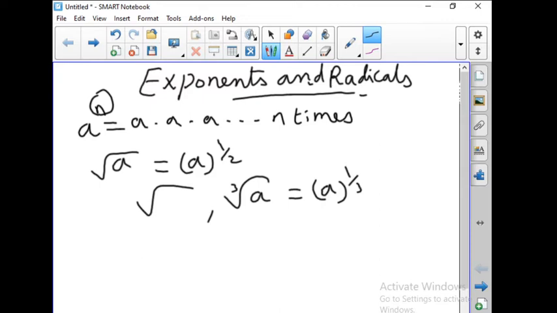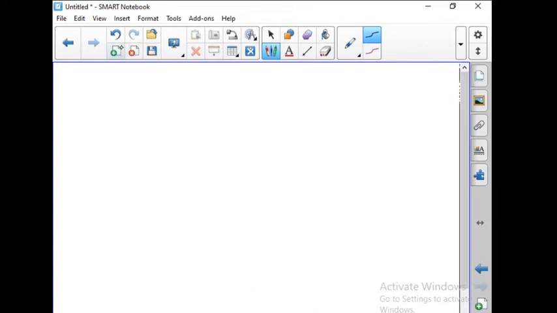So this sign is called radicals. Square root, cube root, fourth root, fifth root, all these are called radicals. So we are going to learn today exponents and radicals.